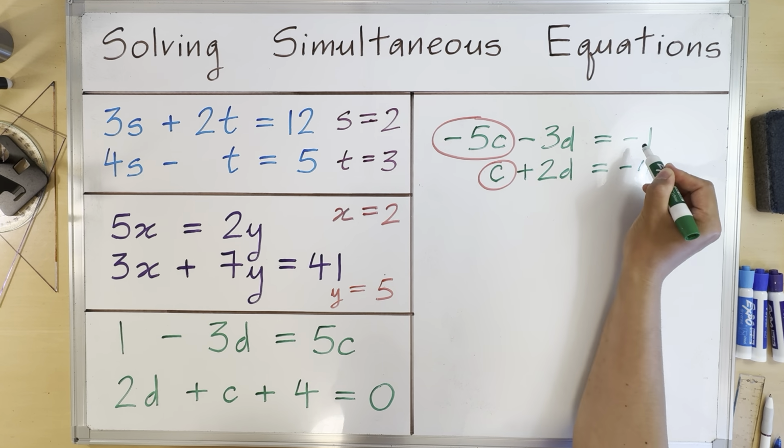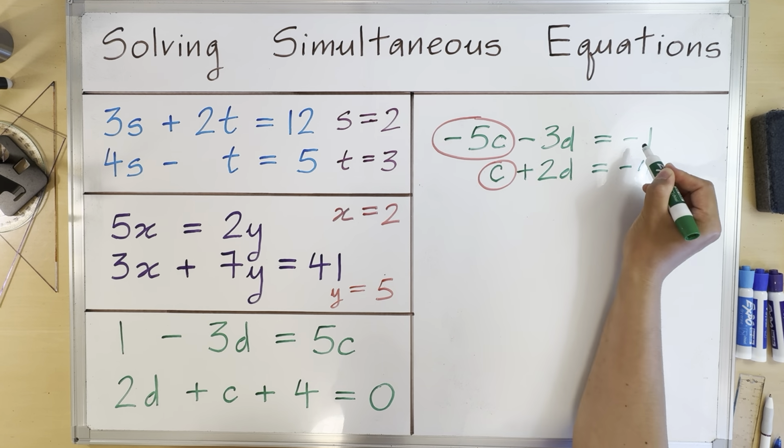The 7 and the 7 cancel each other out, which means that we are left with d being equal to negative 21 divided by 7, which means that d is equal to negative 3. So d is equal to negative 3.